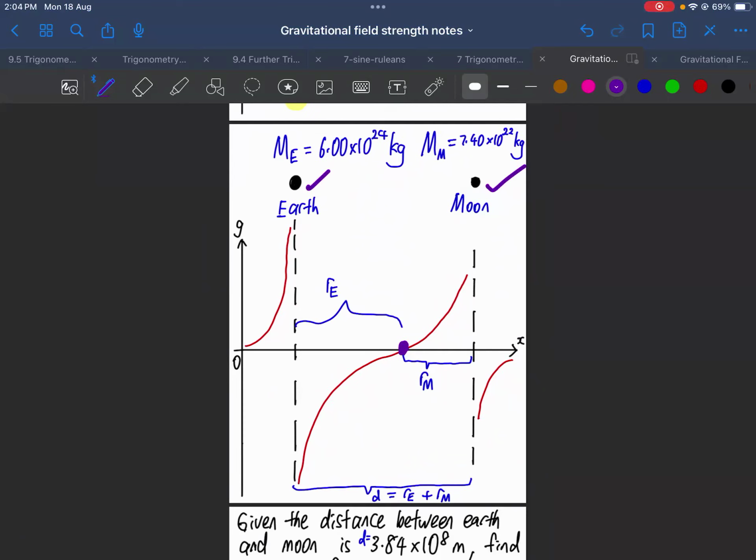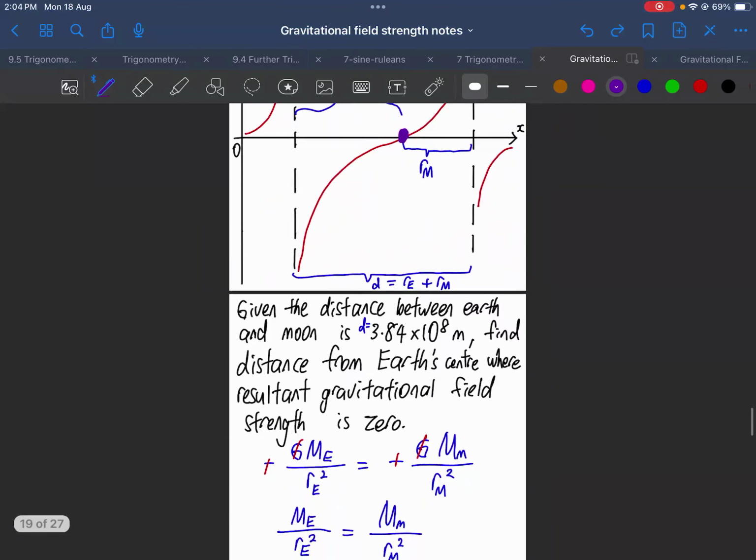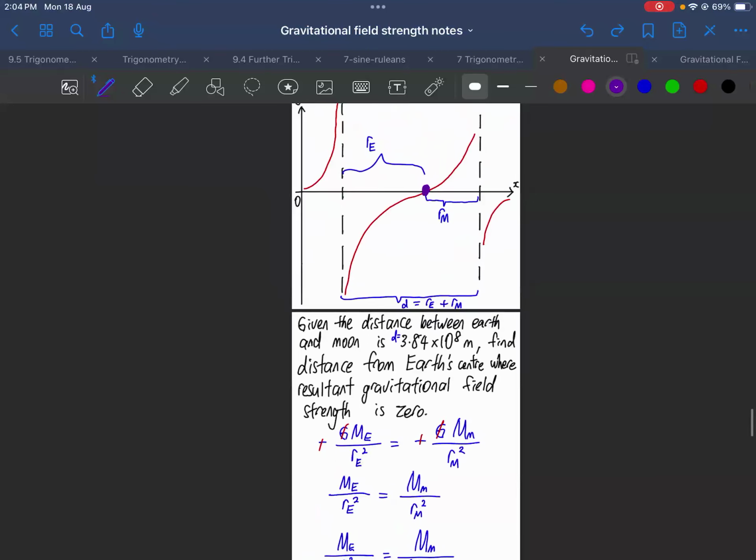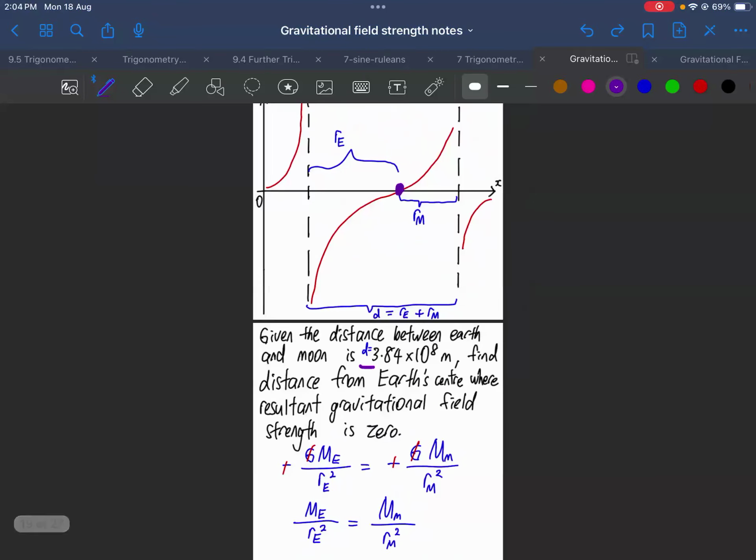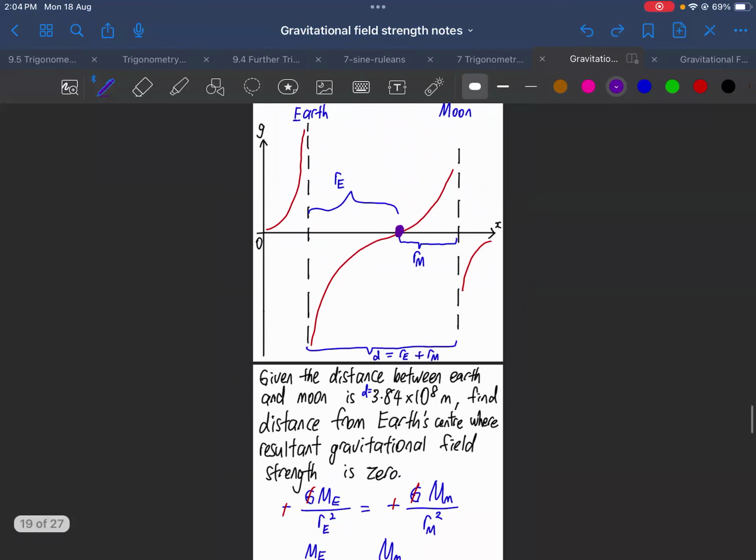If the total distance between the Earth and the moon is 3.84 times 10 power 8 meter, this distance refers to the sum of RE and RM together. The sum of RE and RM is exactly 3.84 times 10 power 8 meter.